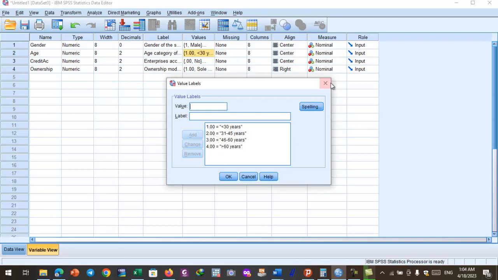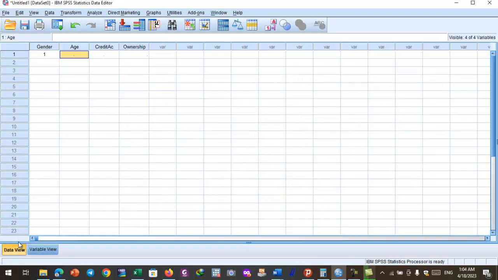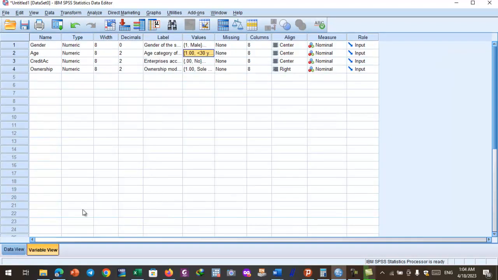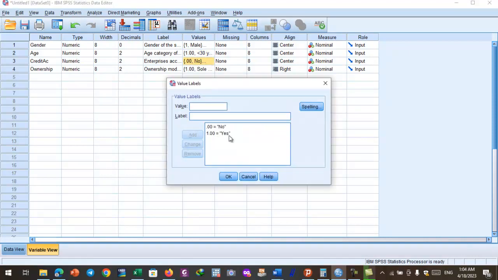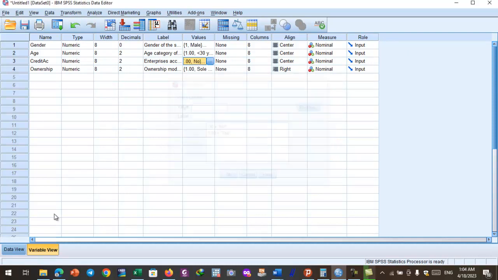Let us say the first participant is between 31 and 45 years of age, so let us make it 2. Then credit access: we represented no by 0 and yes by 1.